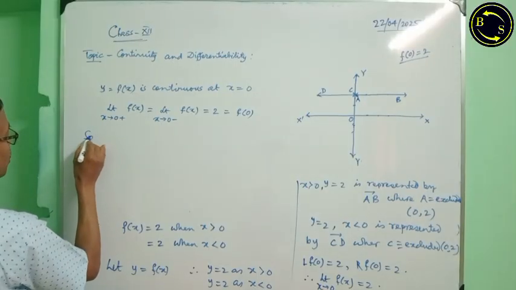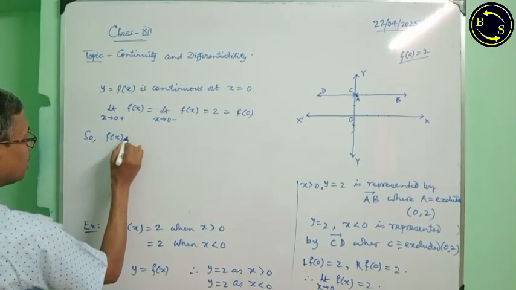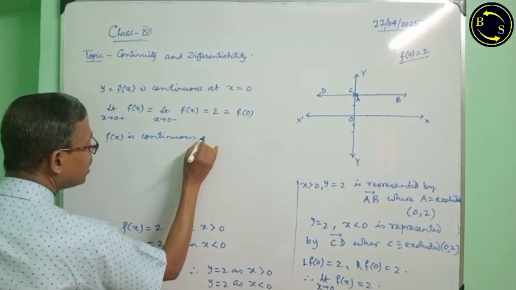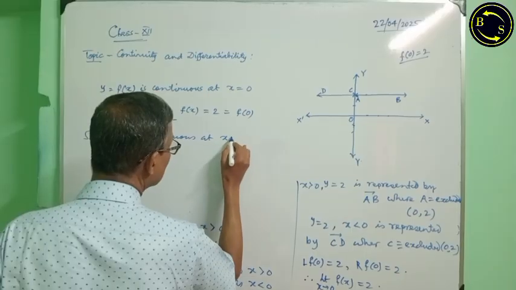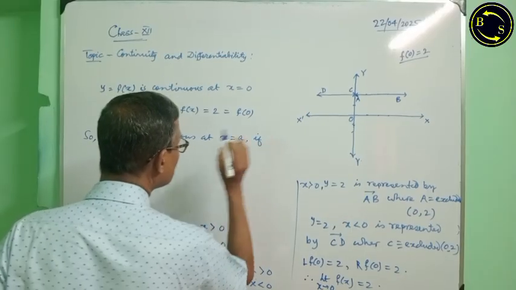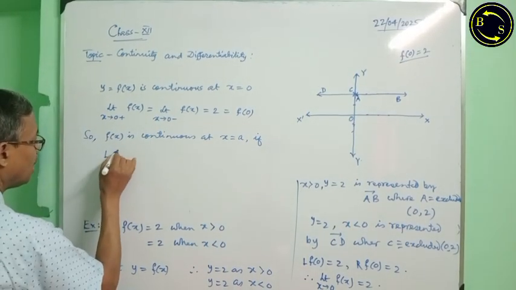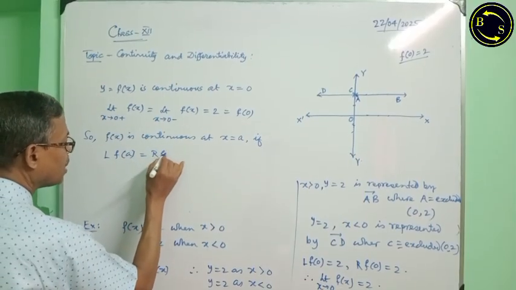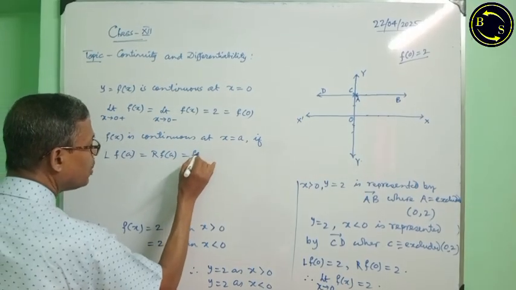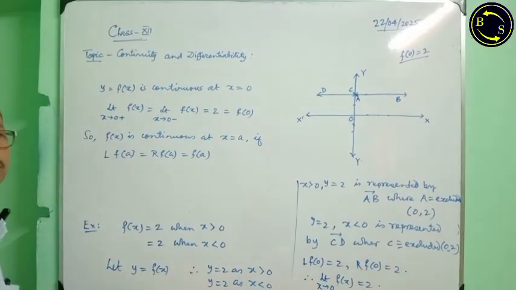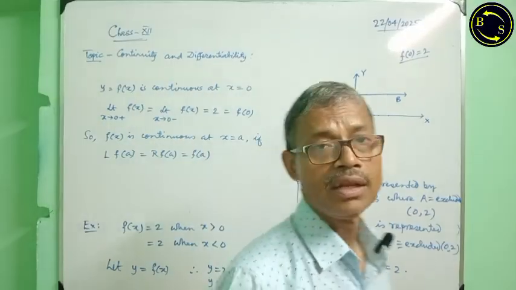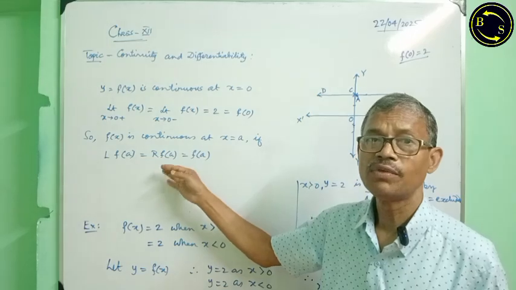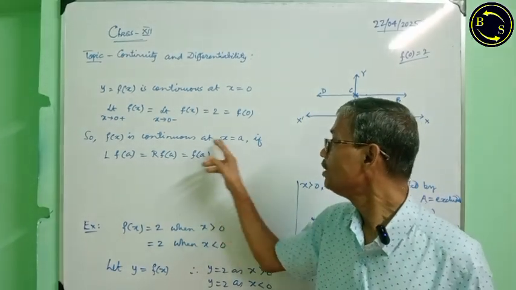Therefore, f(x) is continuous at, say, x equal to a if left hand limit L f(a) is equal to R f(a), right hand limit, that is equal to f(a), value of the function at the point x equal to a. Thus, we get the condition of continuity of a function f(x) at the point x equal to a.